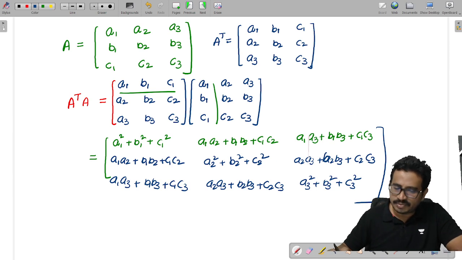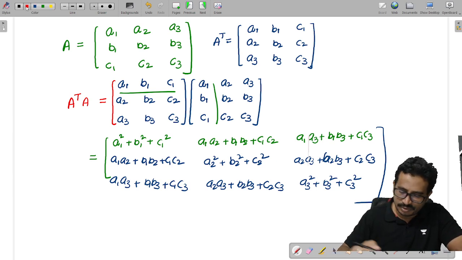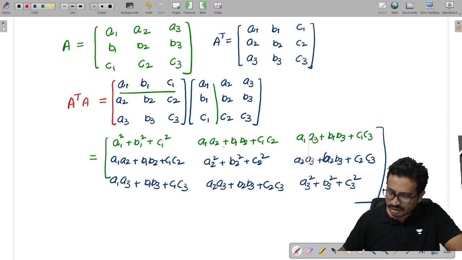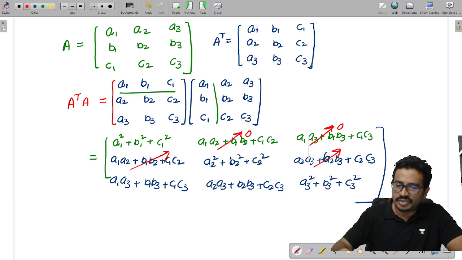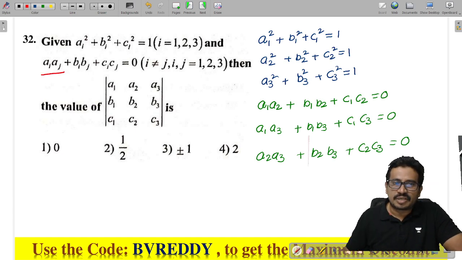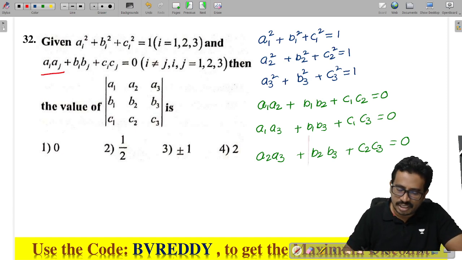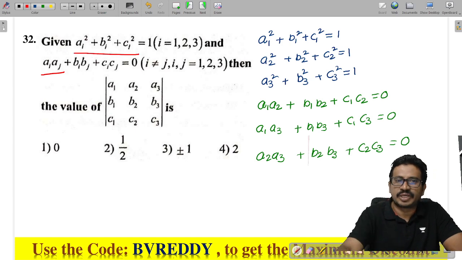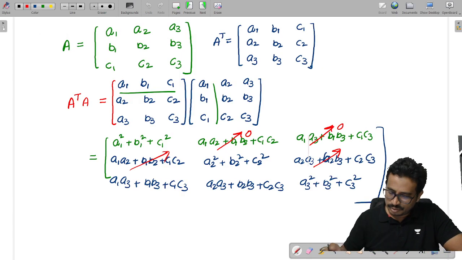Now, as per the given condition, when i is not equal to j the terms are 0, and otherwise they are 1. So the off-diagonal terms are zeros.